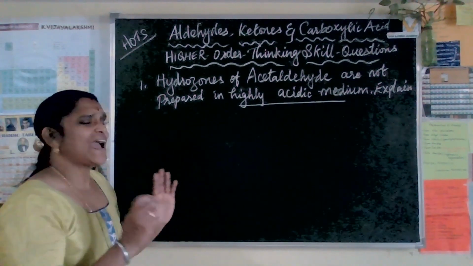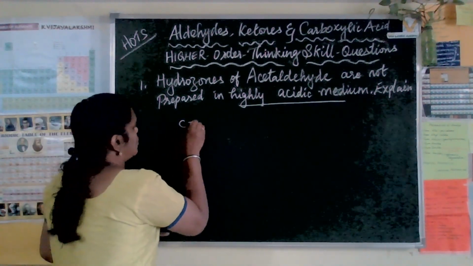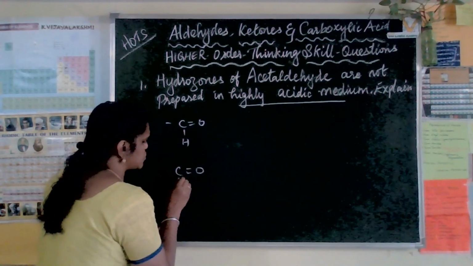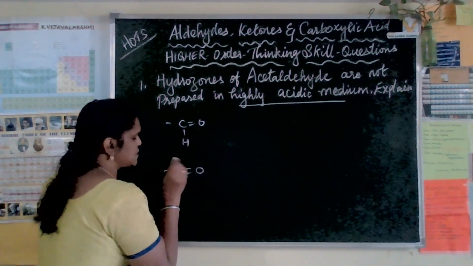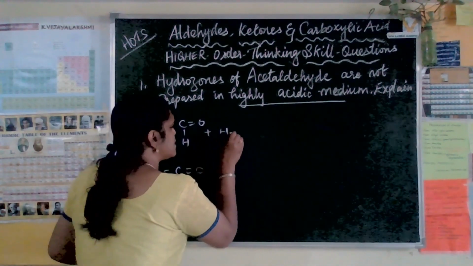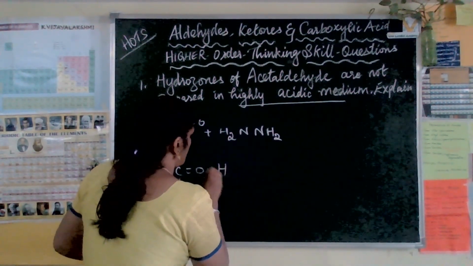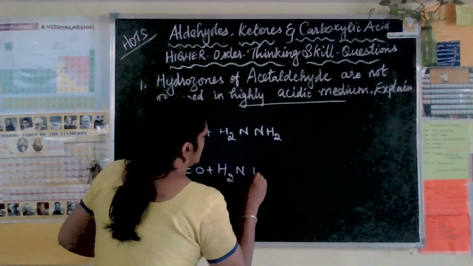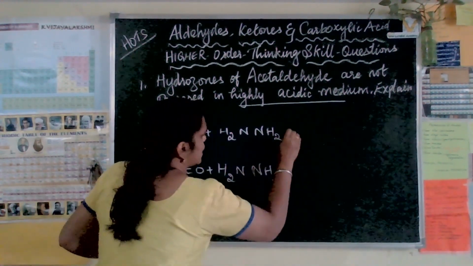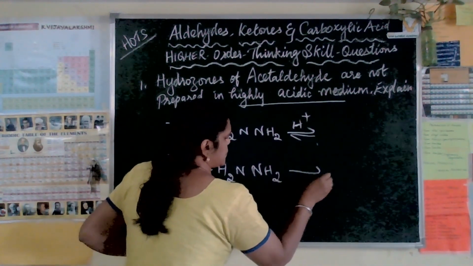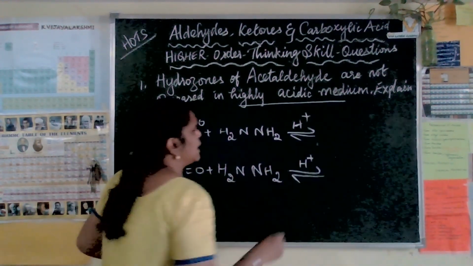Generally, hydrazones, how do we prepare? Aldehydes: this is an aldehyde functional group. This is a ketone functional group, isn't it? This ketone functional group combines with hydrazine, H2N-NH2, in a weakly acidic medium. What happened here?